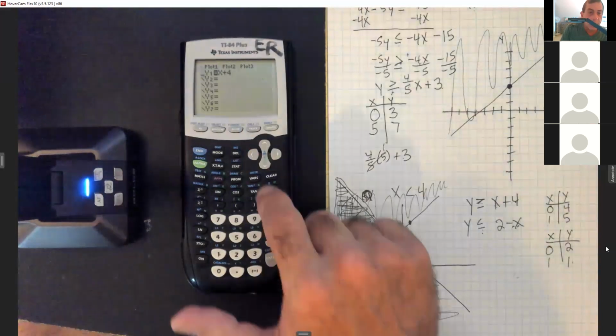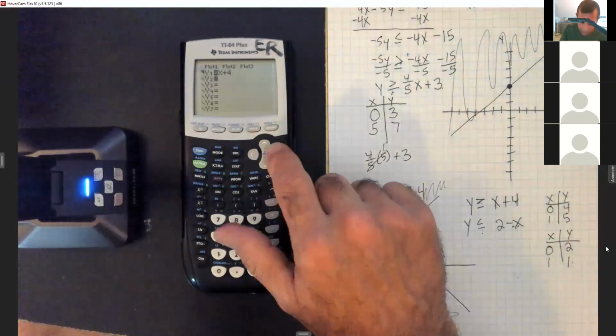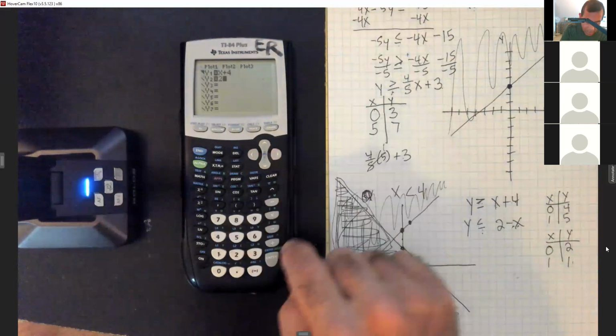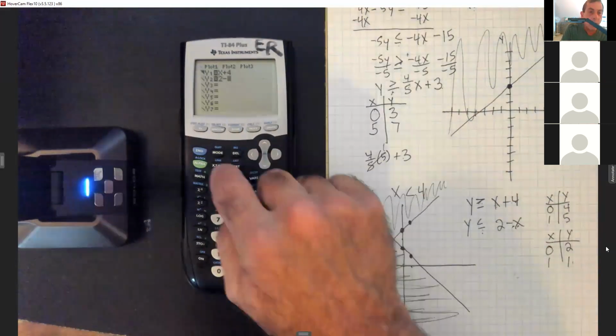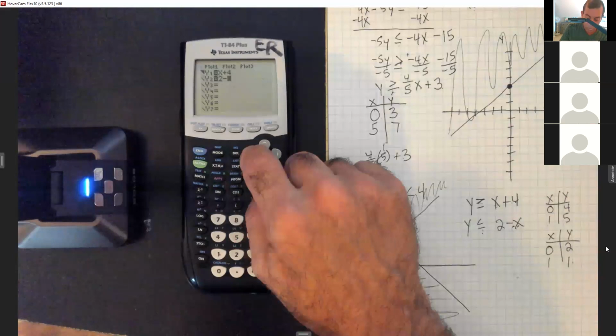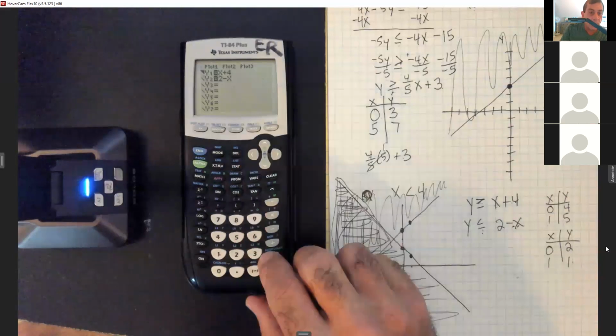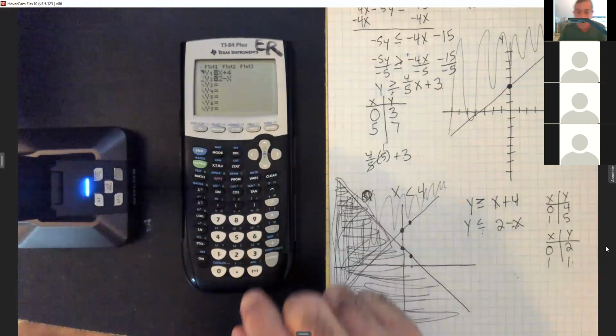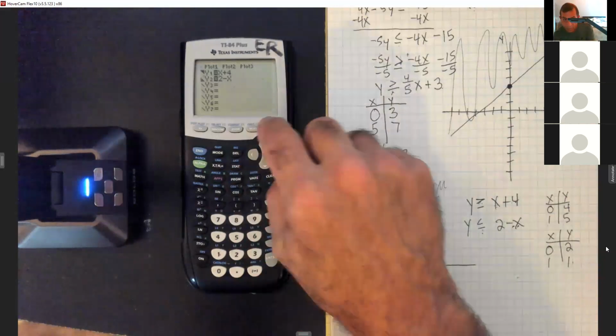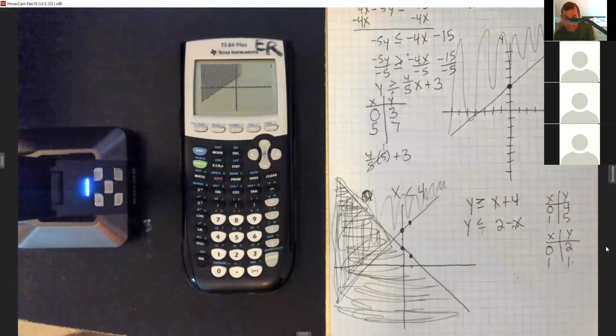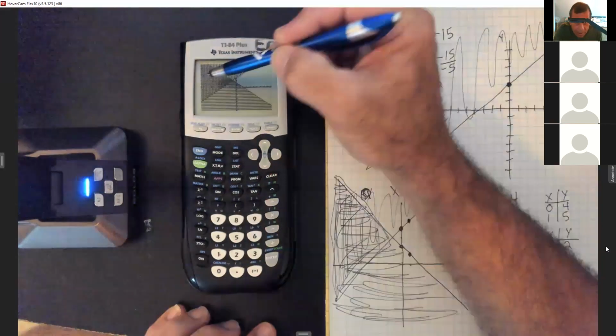So I'm going to go to y2 and put the other one in, which is 2 minus x. Go all the way left. And that one was less than, so I'm going to do the triangle on the bottom right there. So when I hit graph, hopefully it looks like our paper. So there's the first one, second one. And notice the double shaded area right here is the answer.